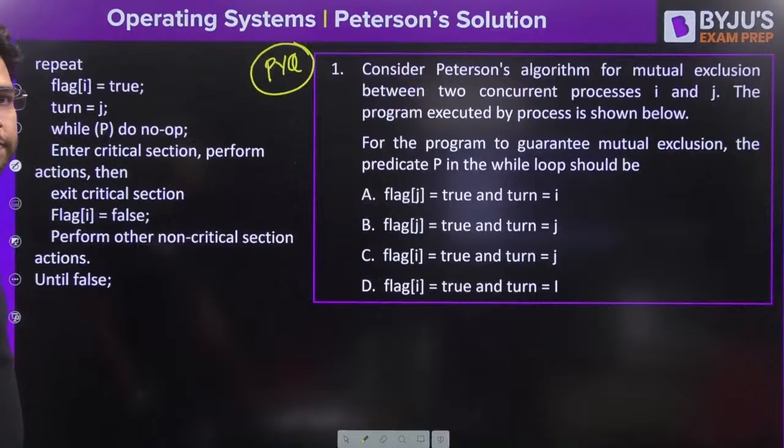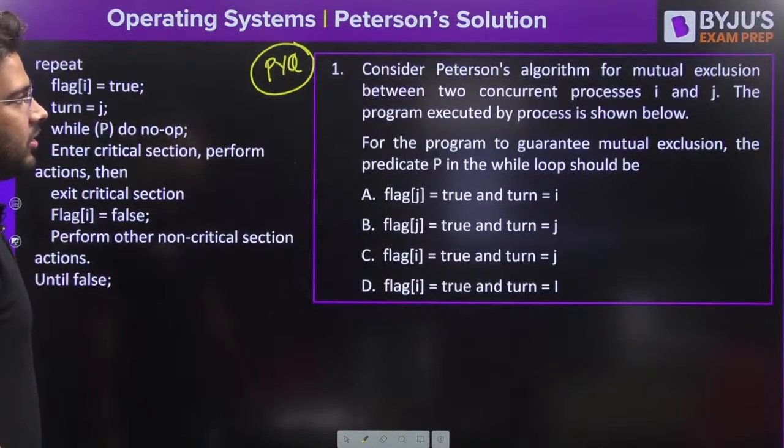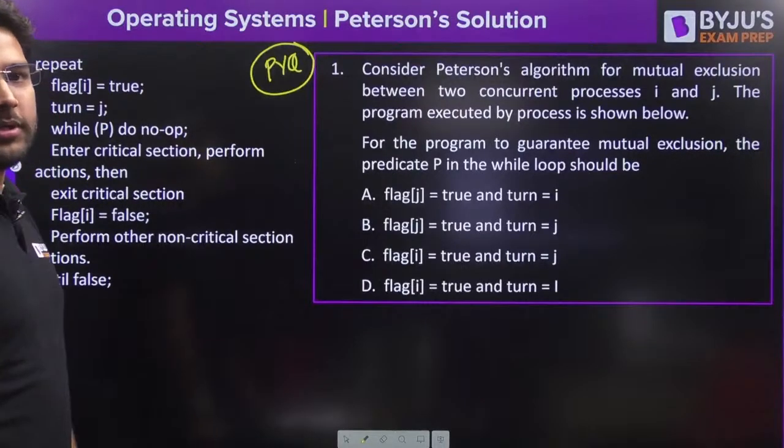Tell me what should be the answer for this one. If you see carefully, everything is the same. This is just the algorithm, the pseudo code for Peterson solution only.